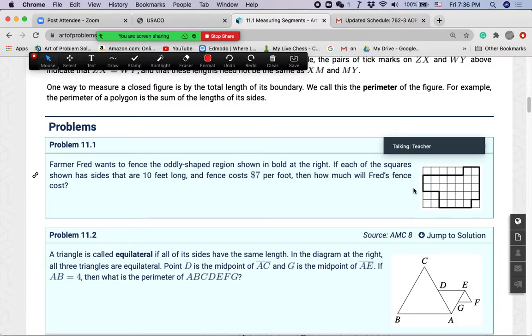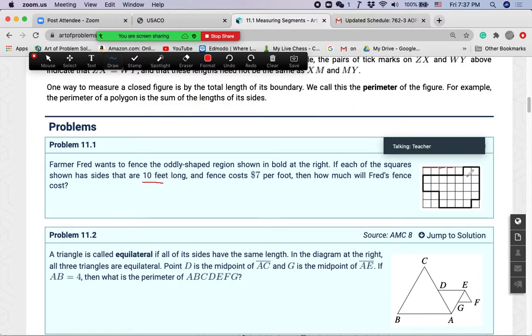See, they tell you each side of the little square is 10 feet long. So that means this one is 10 feet, this one another 10 feet, this another 10 feet, right? The shape they ask you to calculate is this solid, highlighted dark shape.